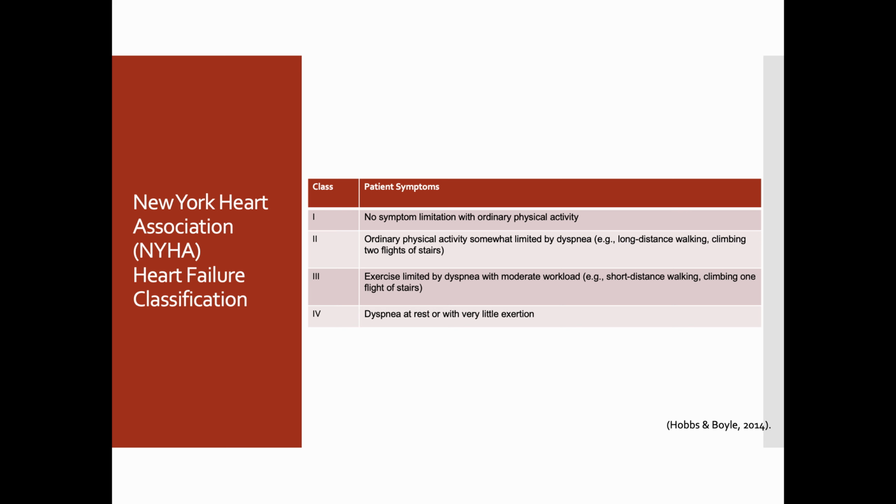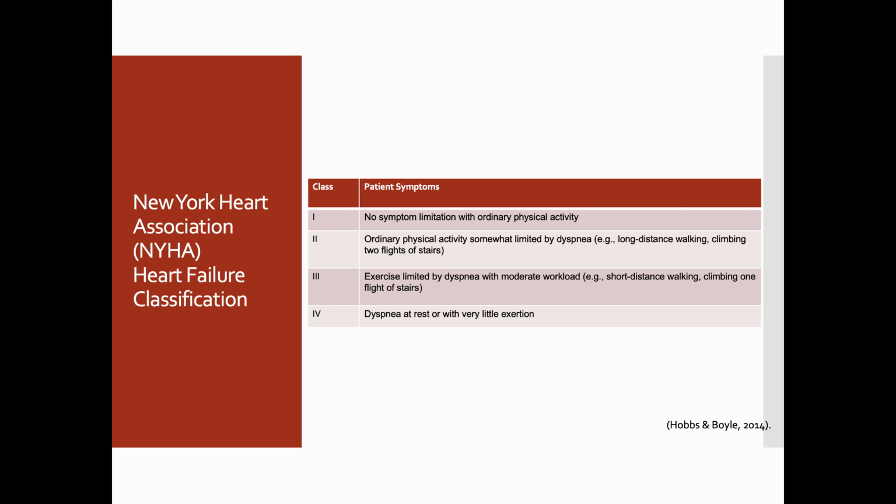So remember that the New York Heart Association heart failure classification system is class 1 through 4. Class 1 is no symptoms. They feel fine. They're not having any problems no matter how much exertion they do. Class 4 is dyspnea at rest, or with very little exertion whatsoever, even less than ADLs.